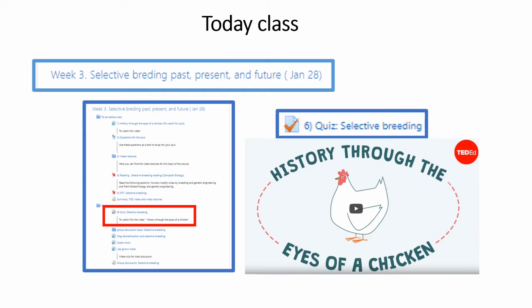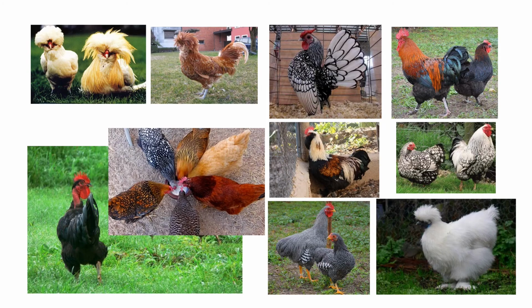So I'm sure that you know that the first quiz that you have to answer was this one from this video that talks about history through the eyes of a chicken, how selective breeding has affected the anatomy of the chickens. Okay, and to start that, maybe you remember this, in the video they show that there is a huge diversity of shapes, of color of the feathers, of diversity in general of different chickens.